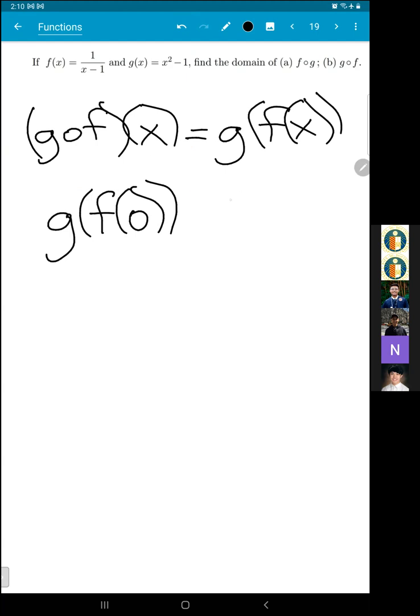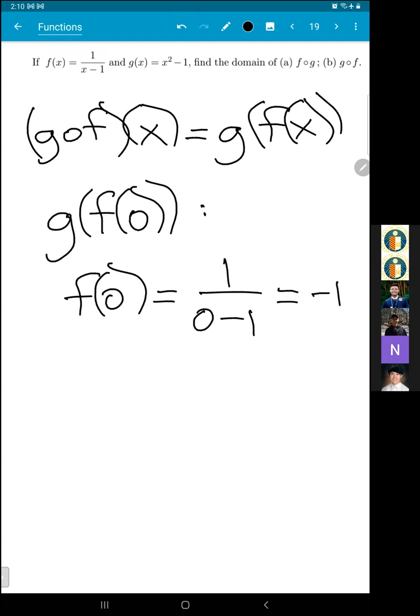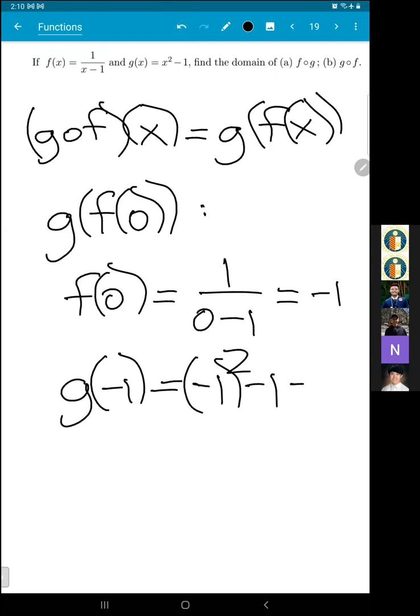So what you do first is evaluate f of 0. So plug into f, not g. That would be 1 over 0 minus 1, that's negative 1. Then the result, plug into the outer function, this time g. So g of negative 1 would be negative 1 squared minus 1. That would be 0.